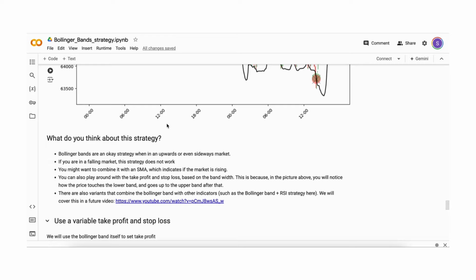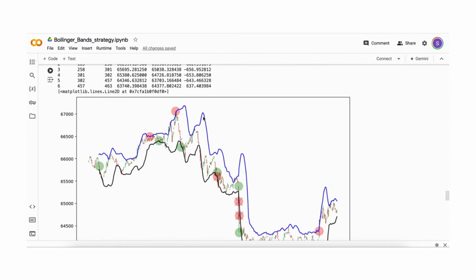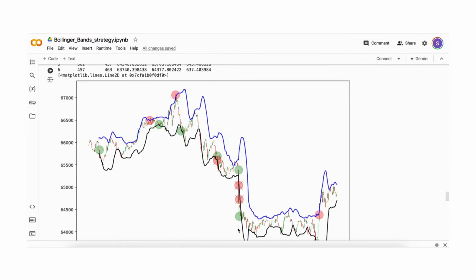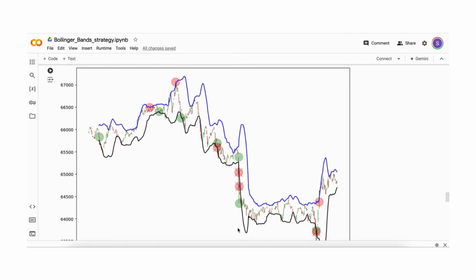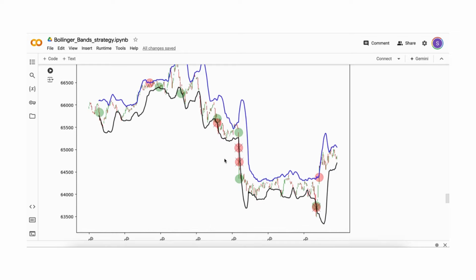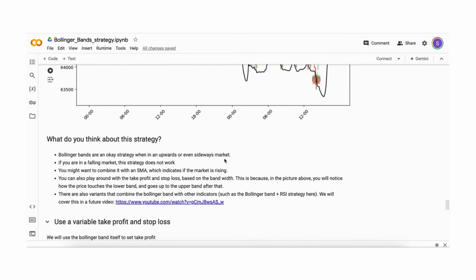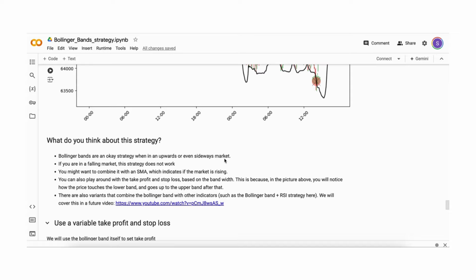But if the market is falling, especially somewhere like this, when you have a breakout in the wrong direction, or you have lower lows, this is when the Bollinger Band strategy is not going to work for you. In some of my previous videos, I have tried to estimate the trend using a simple moving average, and that may be a good idea to add to a strategy like this.